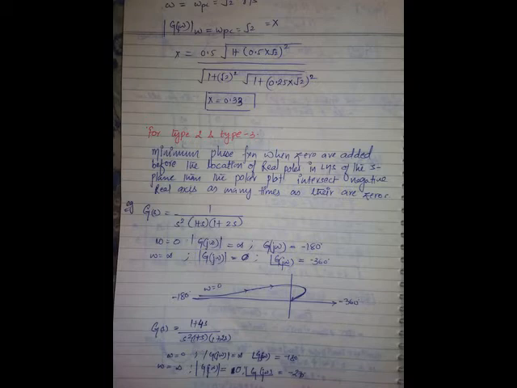Minus 180. This will be tan inverse of 0.5 omega. This is tan inverse of omega. This is minus tan inverse of omega. So the overall angle will become minus 180 plus tan inverse of 0.5 omega.